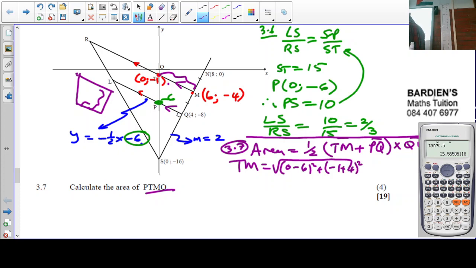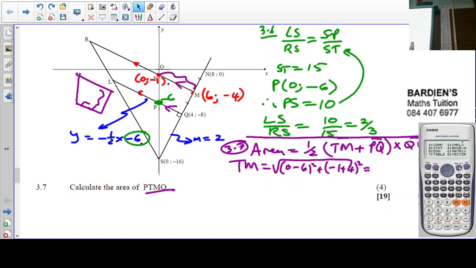Let me get it out of stat mode first, so I pressed mode and 1. The square root of open brackets 0 minus 6 squared plus open brackets negative 1 plus 4 squared gives us 3 root 5.